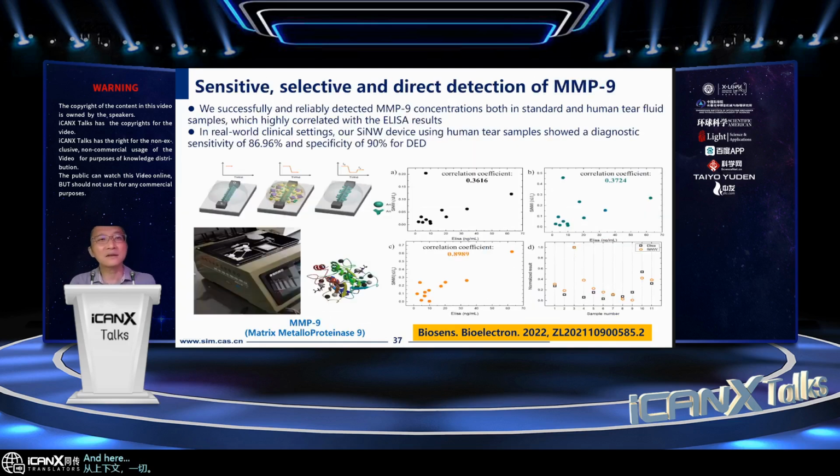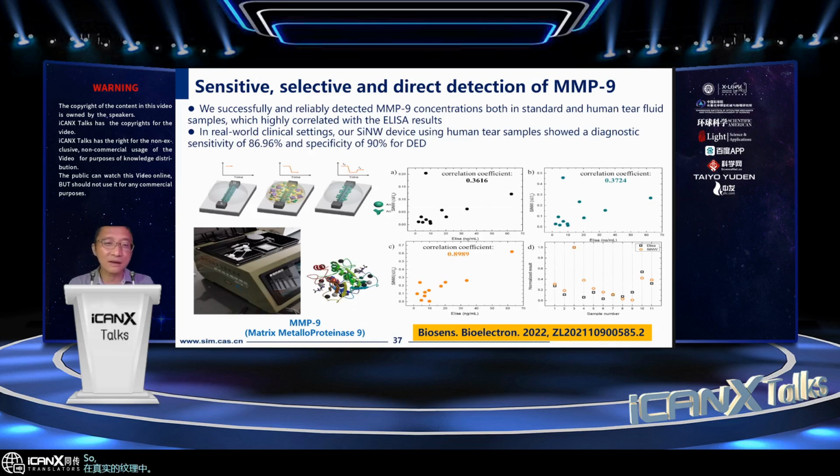And here is an example of how we use it to detect MMP9. MMP9 is one of the markers for dry eye disease, and its concentration should be detected in real tears.